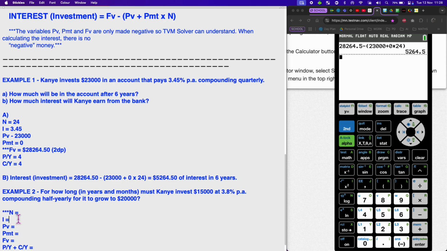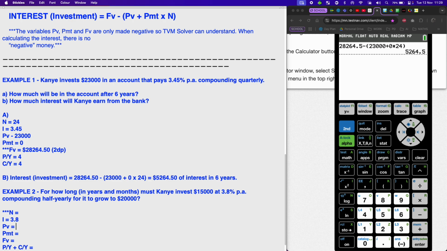We need to put in everything that we don't know. What's the interest rate for his investment this time? Good. So that's what I chuck into the calculator. What does it say Kanye's going to put in at the start? 15,000. What sign is it going to be?